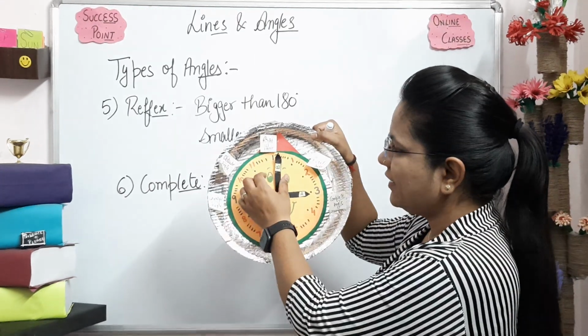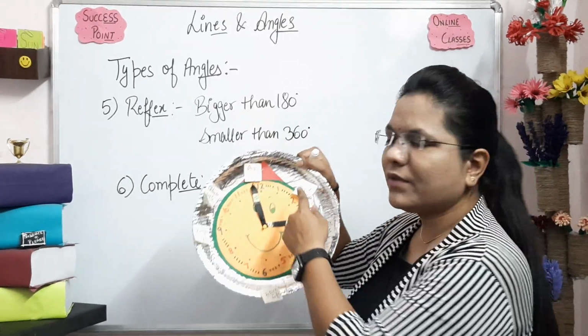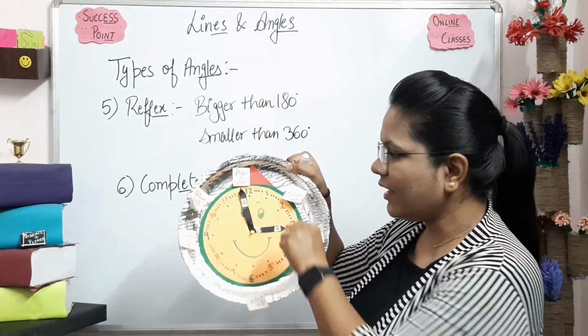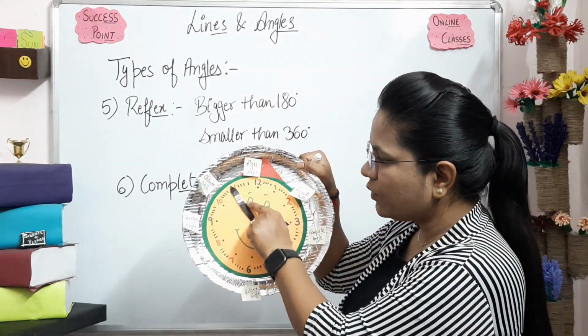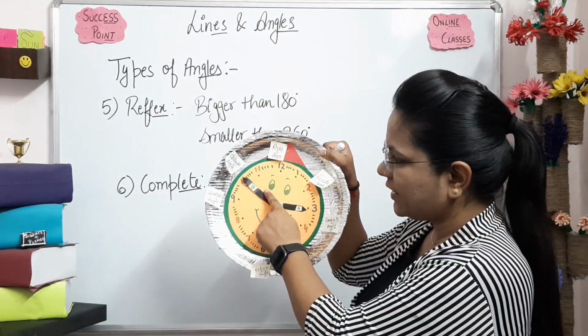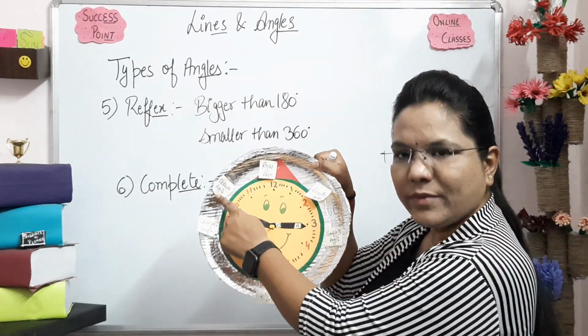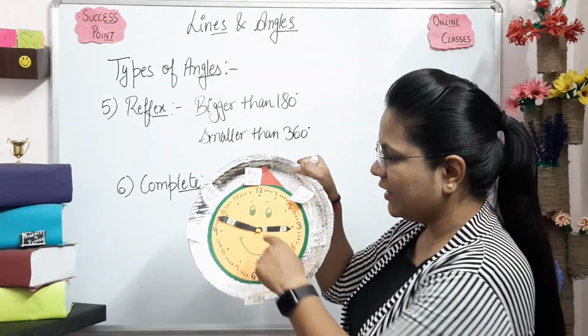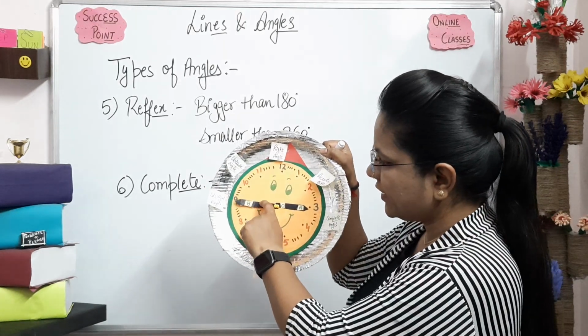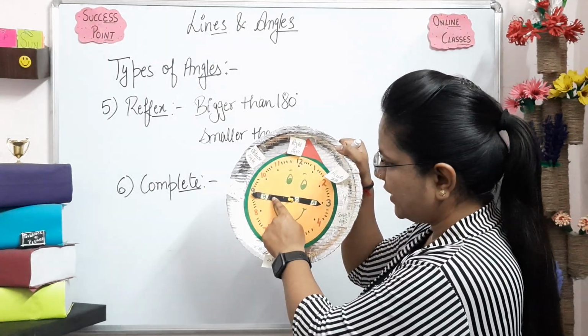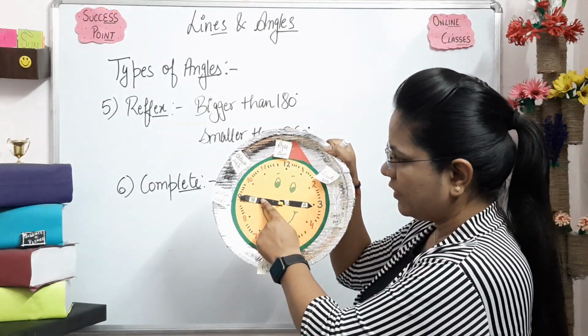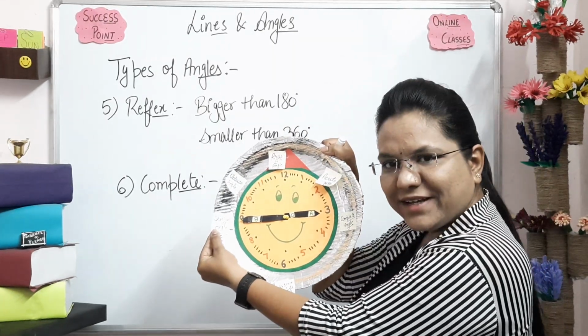Then exactly 90 degree, right angle. Okay. And if we get value more than 90, all these angles we will call obtuse angles. Okay. Then if we get a straight line, this straight line we will call straight angle.